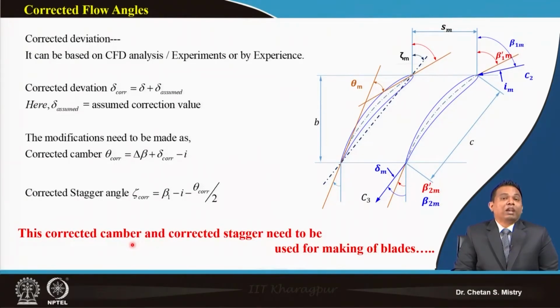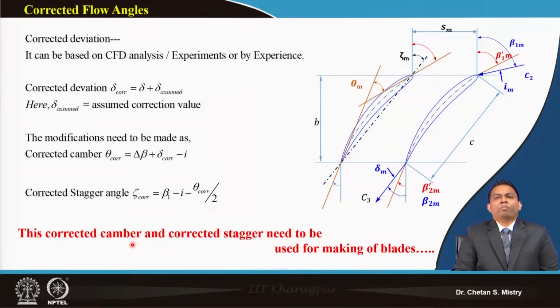Based on the calculations done initially in the last data sheet, that will be the input in terms of my camber and stagger angle. Once we put in this camber angle and stagger angle, we observe what is happening near the trailing edge, and that gives a clue to modify the deviation angle.